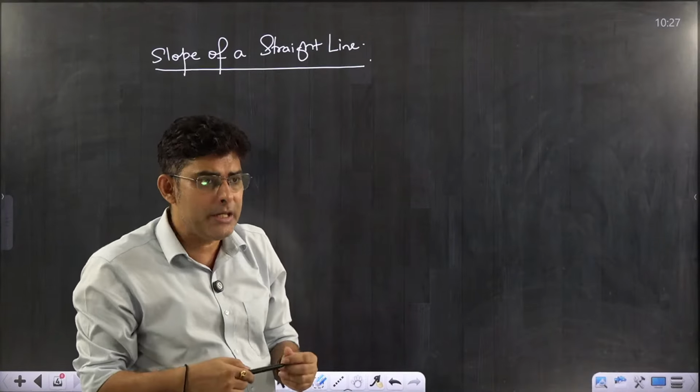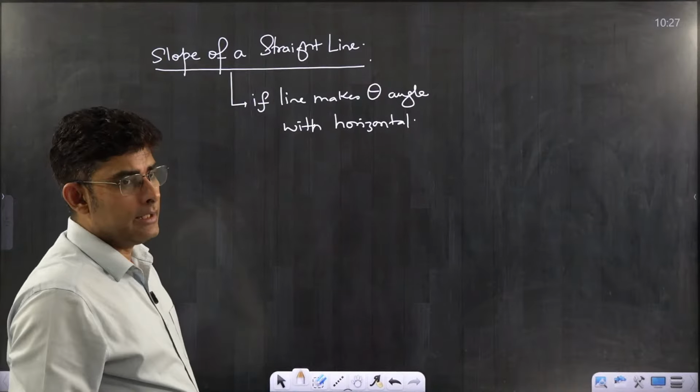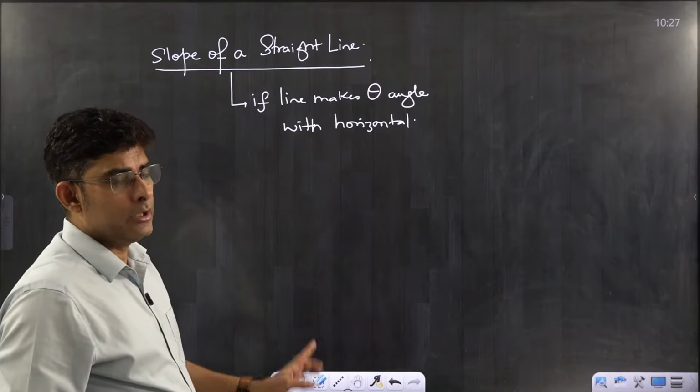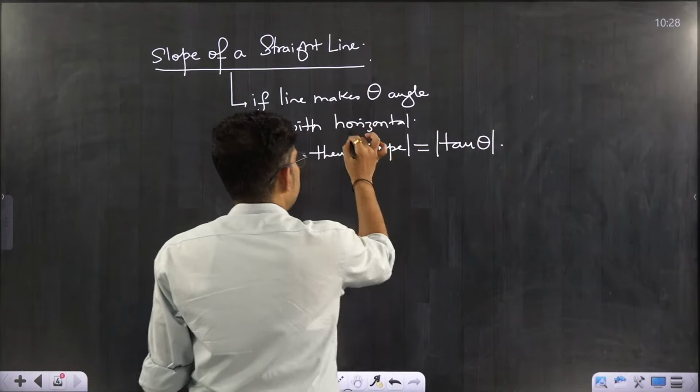So what we say for a straight line, if a line makes theta angle with horizontal, then the slope magnitude is simply defined as the magnitude of tan theta.